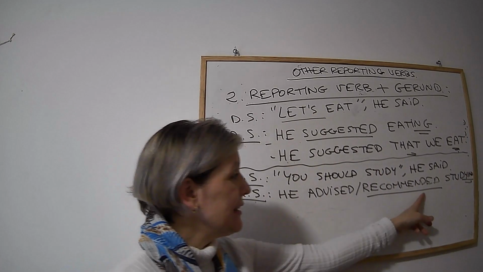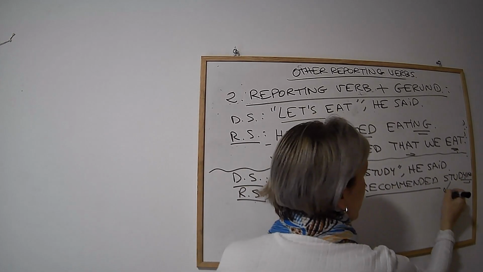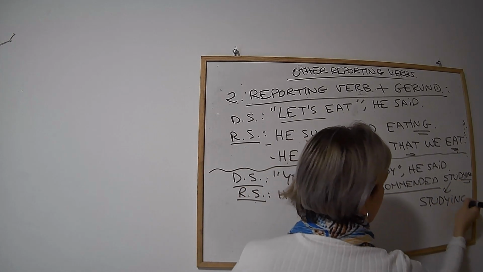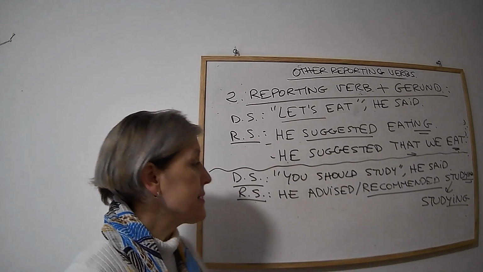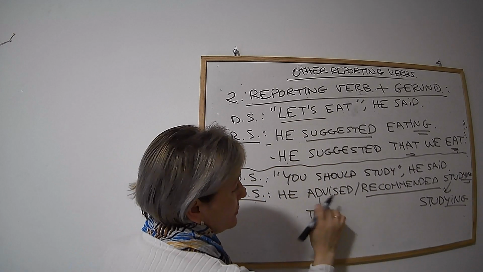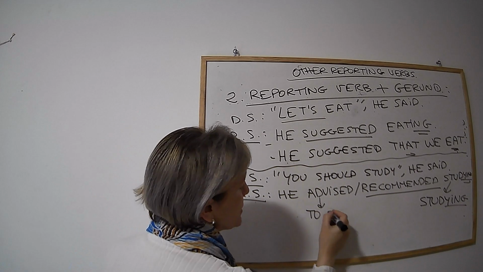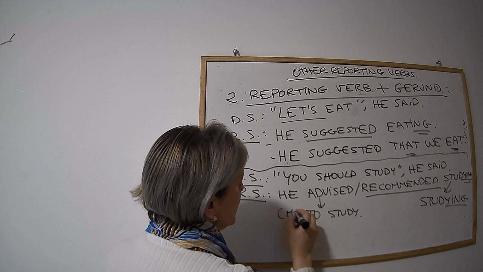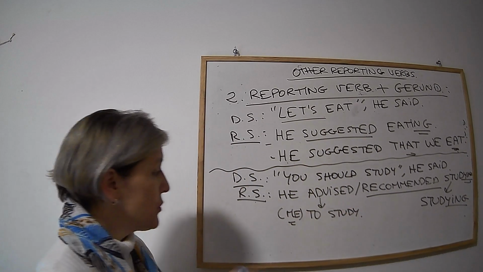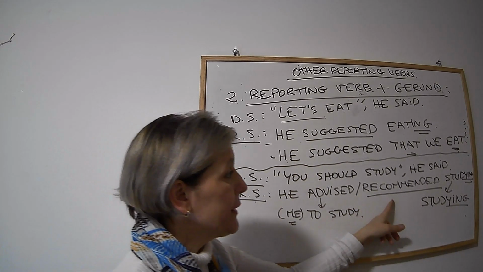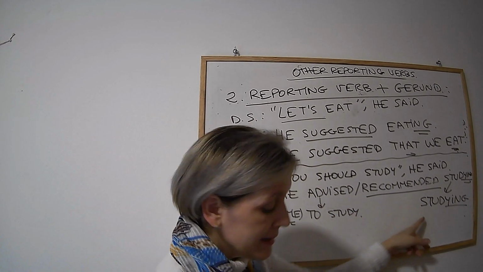Well, I'm going to write it here. He recommended studying. However, with advised, he advised to study. Usually, in this case, we use he advised me to study. He recommended studying. Okay?